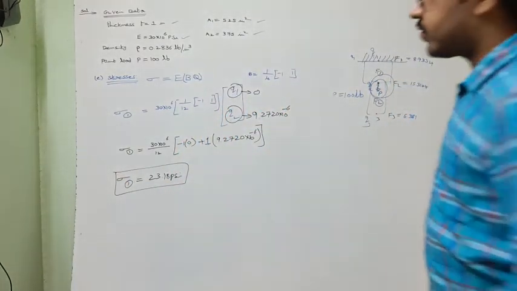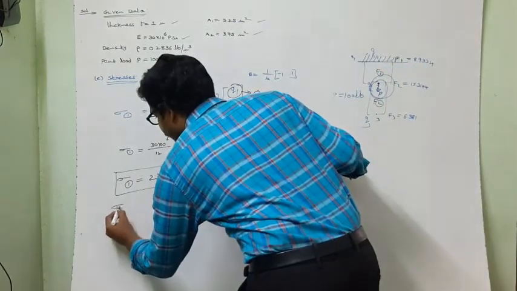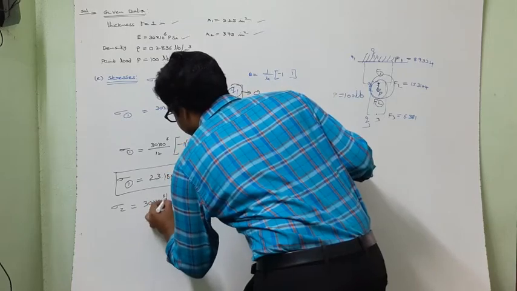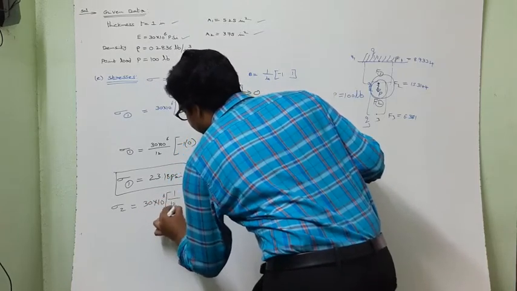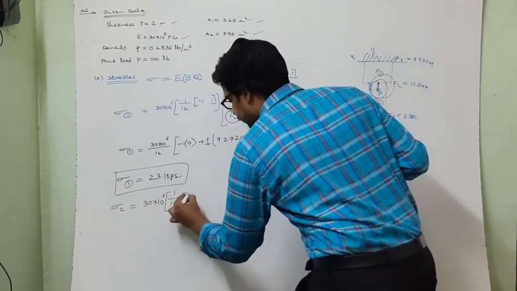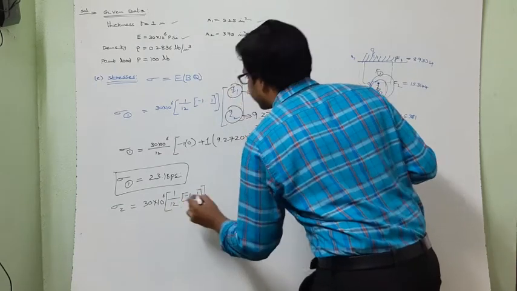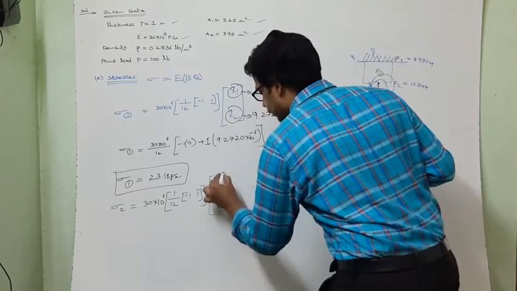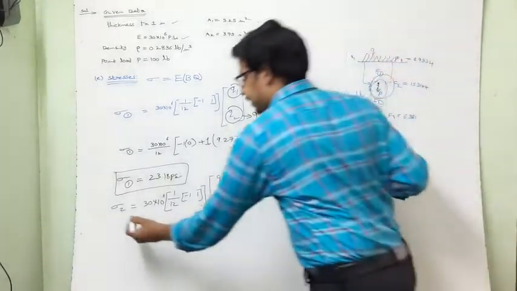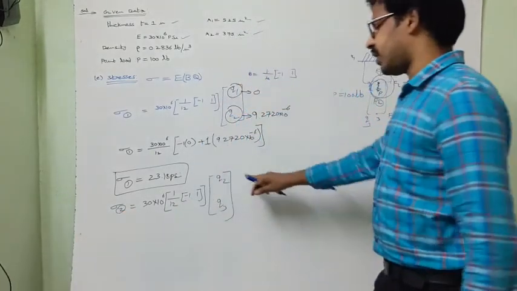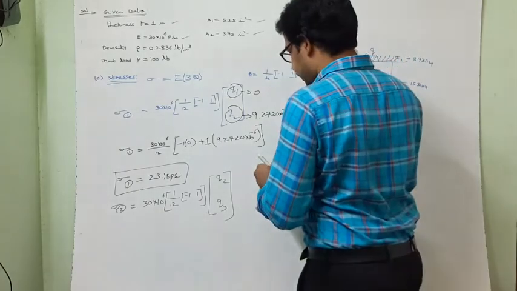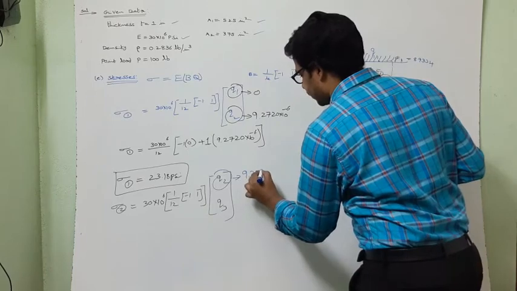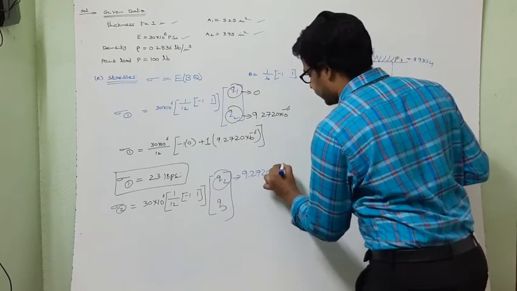Coming to the second one, so here similarly stress 2 is equal to 30 into 10 power 6. Length of the second element is also 12. That means minus 1 and 1 into, so here Q2 and Q3. So second element node values and displacements are Q2 and Q3. So here Q2 is equal to 9.2720 into 10 power minus 6.